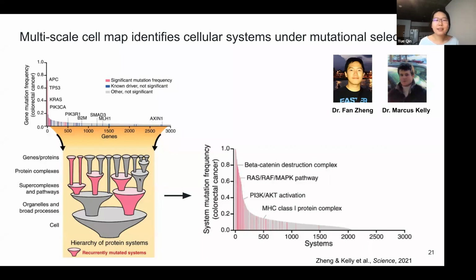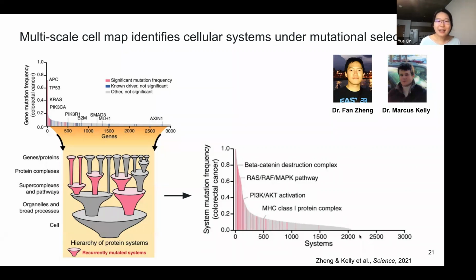So this study explored how we can identify the protein system or subcellular organization that these passenger mutations jointly hit inside the cancer. Even though each member of the protein system may be rarely mutated, the protein system itself is significantly mutated among cancer patients, and also carries biological significance, as they have demonstrated inside the paper.